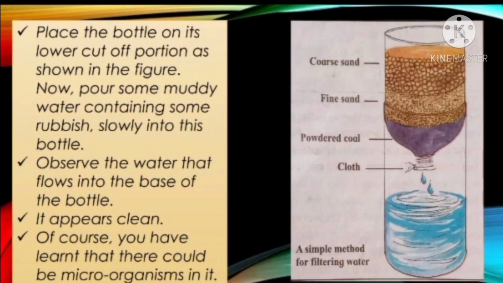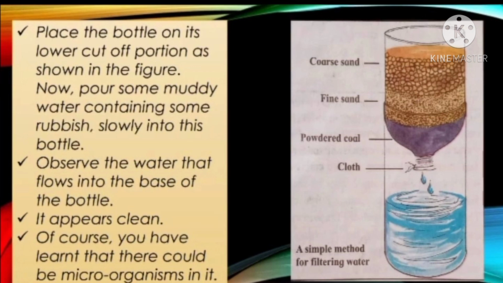Now what do we have to do next? Place the bottle on its lower cut off portion as shown in the figure. Now pour some muddy water containing some rubbish slowly into this bottle. What kind of water do you have to pour? Muddy water containing rubbish. Why?